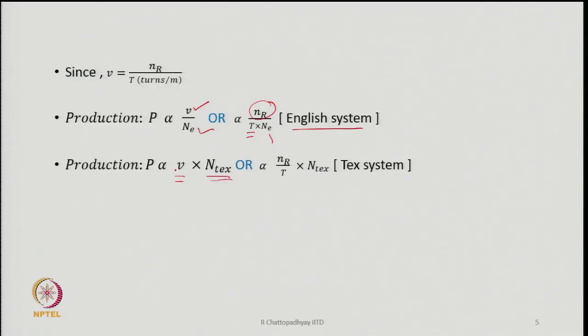Twist is a function of rotor speed divided by delivery, so they are all connected together. So, V can be replaced by NR by T, and therefore, we can write that production is proportional to NR, the rotor speed, and to the count of the yarn expressed in tex system, and inversely proportional to twist.